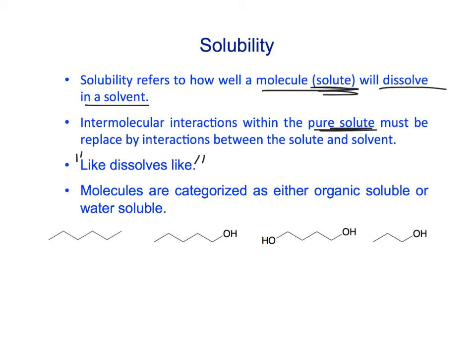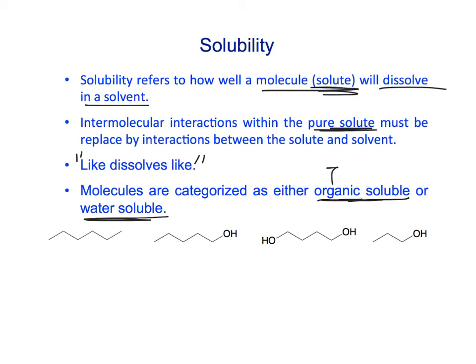Molecules that are very polar dissolve in polar solvents. Non-polar molecules dissolve in non-polar solvents. Our molecules and solvents can be described as either being organic soluble or being water soluble.